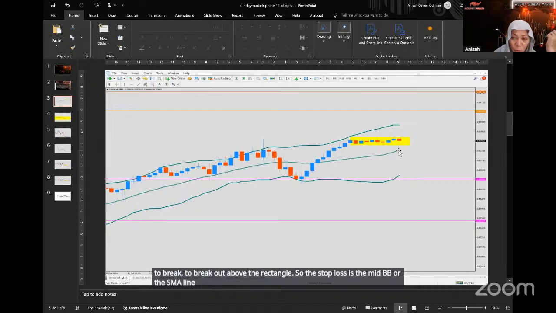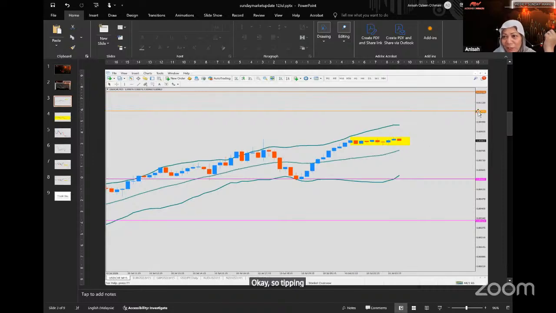So the stop loss is the mid BB or the SMA line. TP1 is the first orange line, which is 0.81063. That line is where I marked the M15 previous peak. And then TP2, the darker orange line right at the top there, is 0.81194.